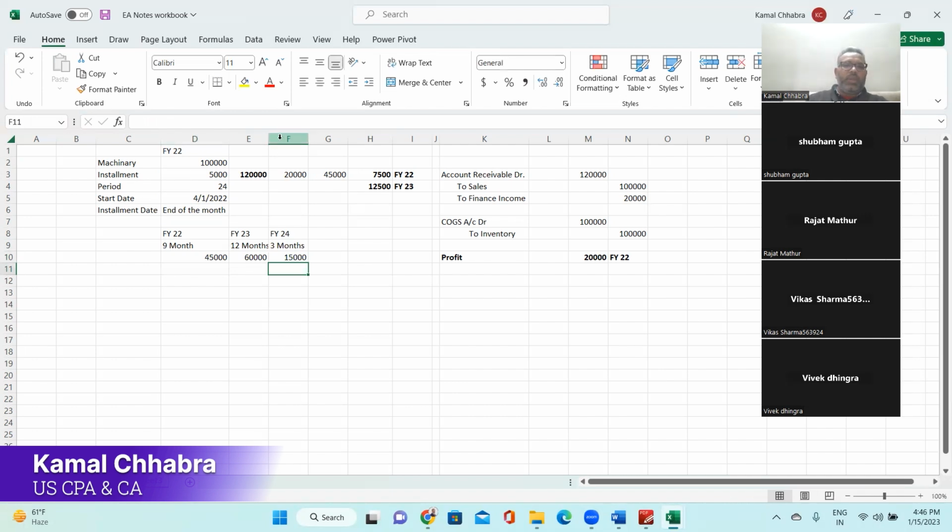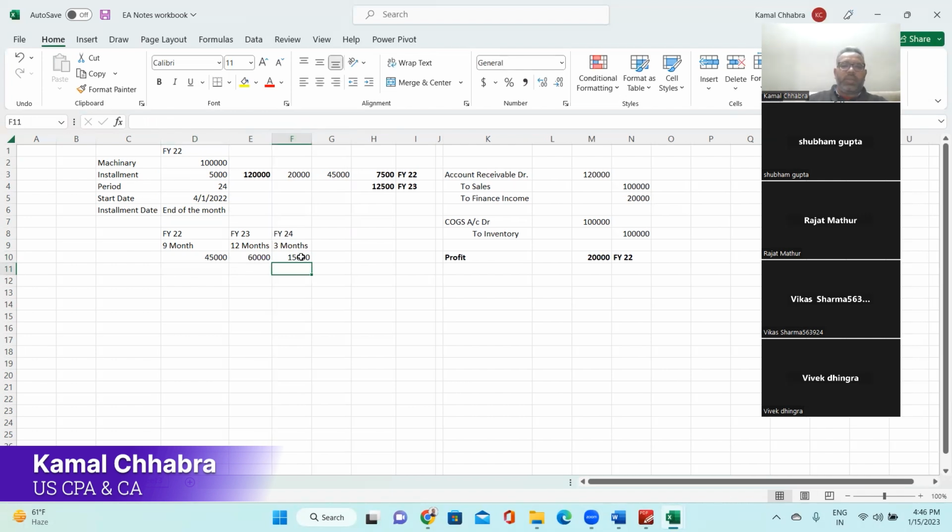So in year 2, in financial year 2023, suppose you said, I'll pay the entire balance amount. Instead of 60,000, you have paid the entire 75,000, and you wanted to set off all the liability. In that scenario, in this financial year 23, you'll be recognizing the entire balance revenue. Make sense?